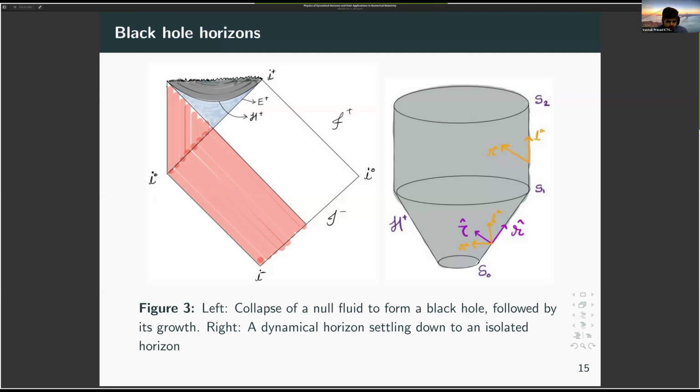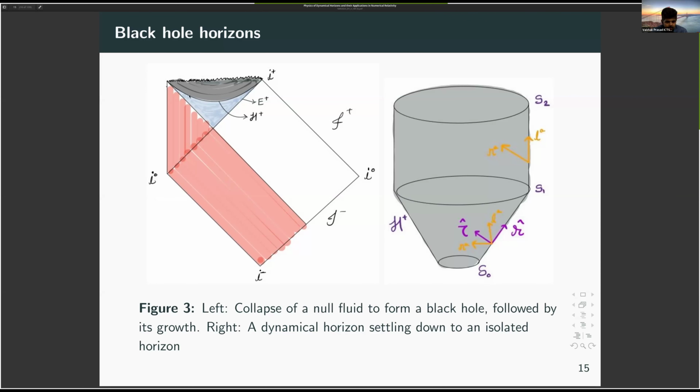In this figure on the left-hand side, what is in the gray shaded region is the trapped region of a space-time, and the boundary of this trapped region, which separates the blue from the gray region, is a dynamical horizon. This dynamical horizon only starts to grow in response to the local flux of radiation that is falling inwards starting from this time.